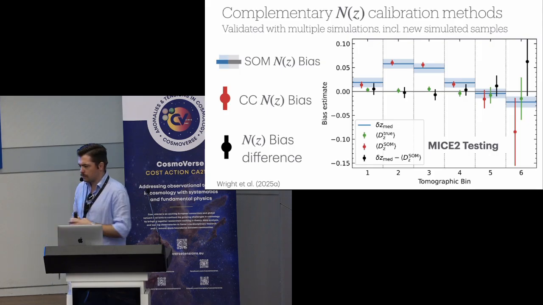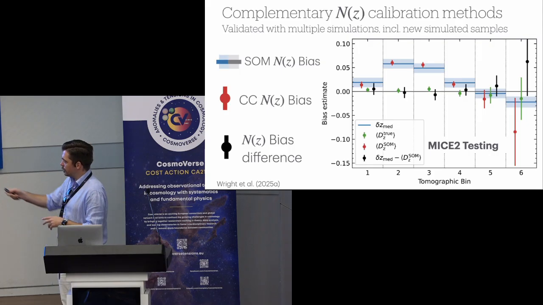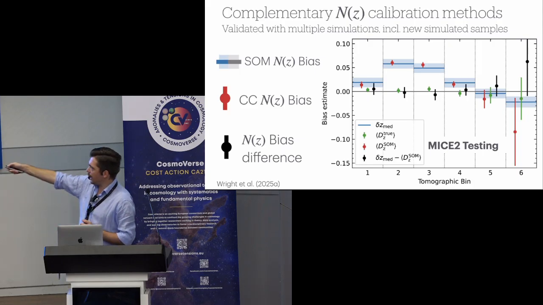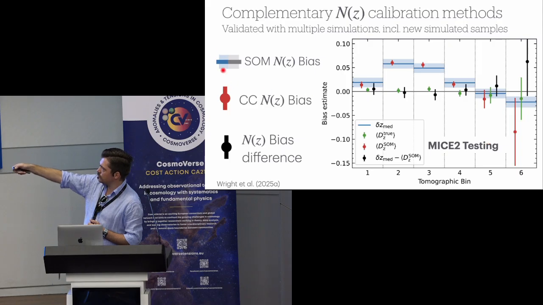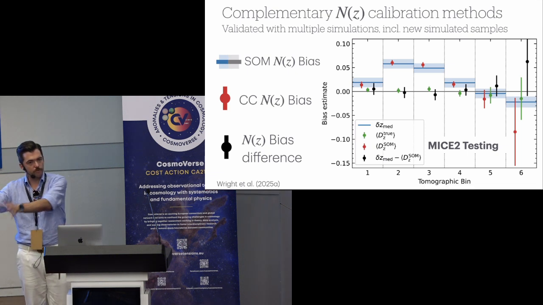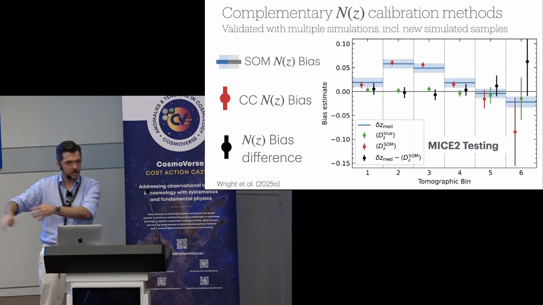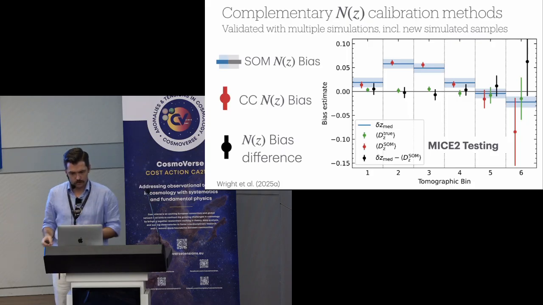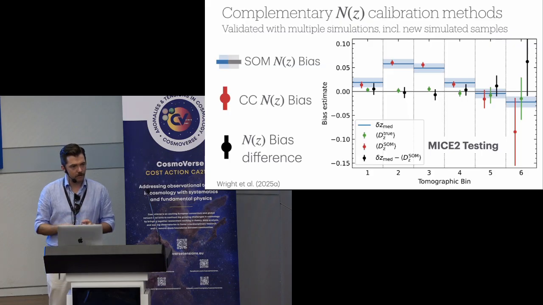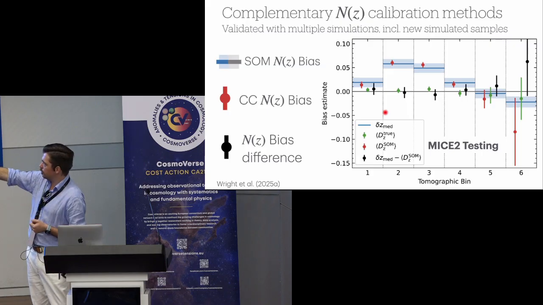And one of the great things about our calibration method now is that the estimates that we have made, this is now on simulations, using our fiducial method, our color-based method, which is this SOM N(z) here. Those N(z), as I said earlier, are passed through fully realistic image simulations, multi-band image simulations with shear and all that nonsense in it. And those then give us estimates of the bias that we have on our redshift distributions. And that's the blue lines that you can see here for this simulation.